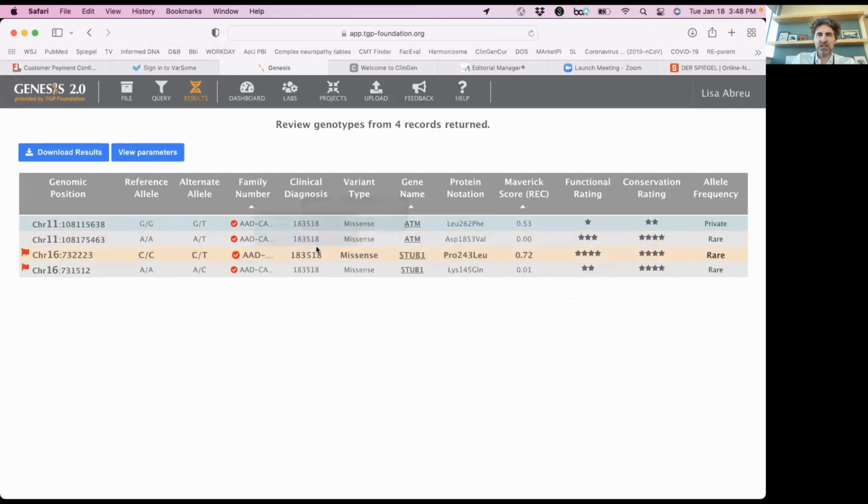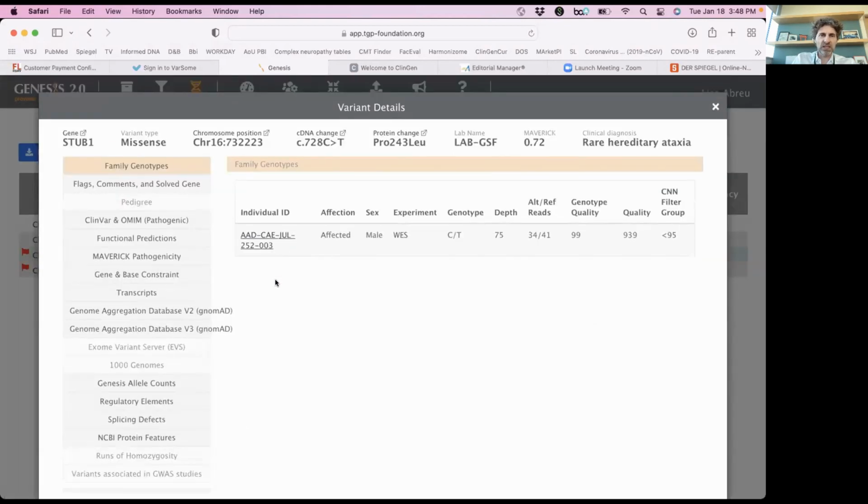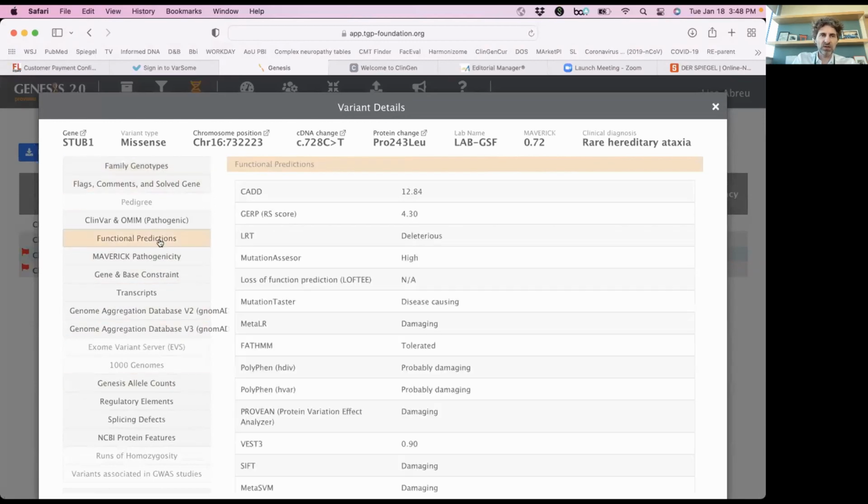When I show you this live, it is the same as what you just saw in the screenshot. This is actually in the database. So I go to STUB1 here, for instance, and this is just a feature of the software. You can see the criteria here on the left bar. There are other criteria, of course, that you could take into account, and professional geneticists do this. One of them is functional predictions. You can see there's a whole list of different computer algorithms that can guide you, and they tell you that this particular algorithm thinks this is damaging, or this one thinks it's disease causing.